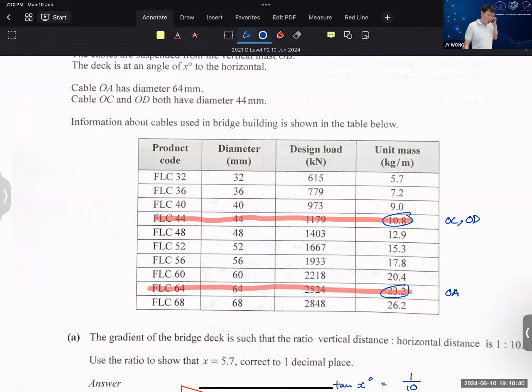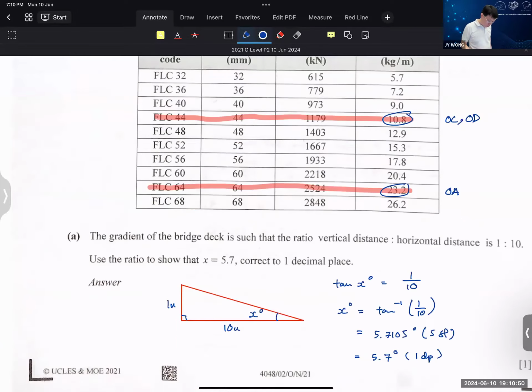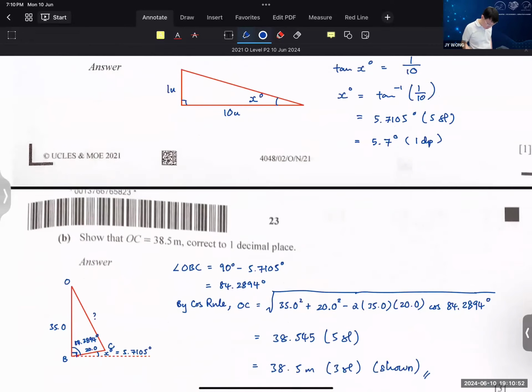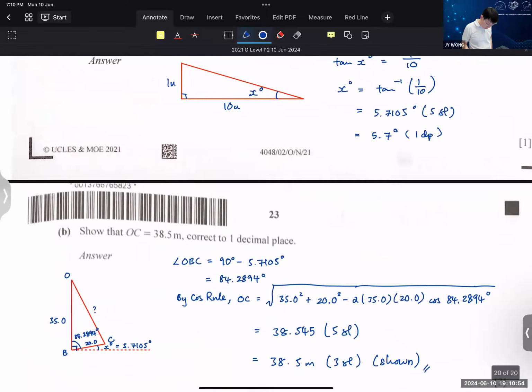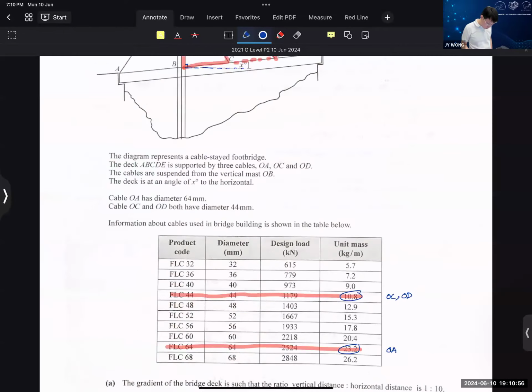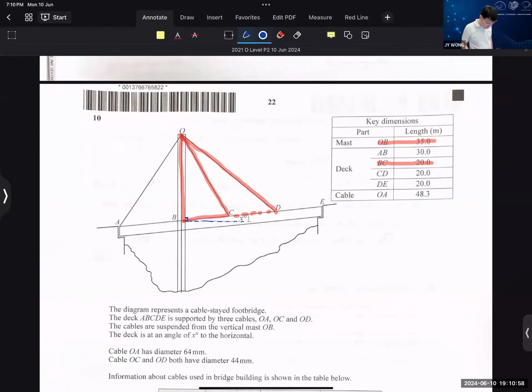Obviously, to find the mass, you need to find the length because the mass is per unit length. You already found OC, so you need to just go on to find. Do we already have OA? We don't have OA and we don't have OD, correct?